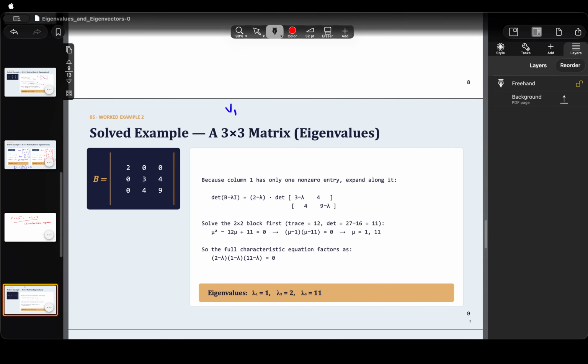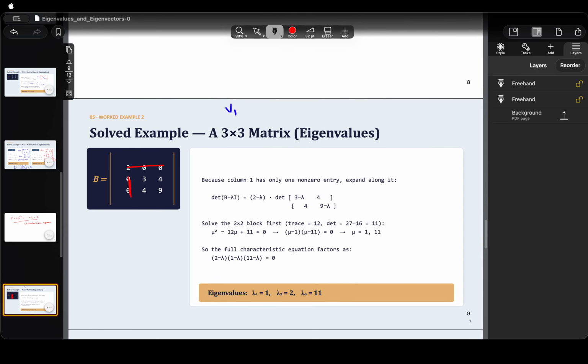You remember when we were trying to find a determinant, we said that sometimes we look for a row or column that has the least non-zero entries, which is this one. So you can expand it along that line.